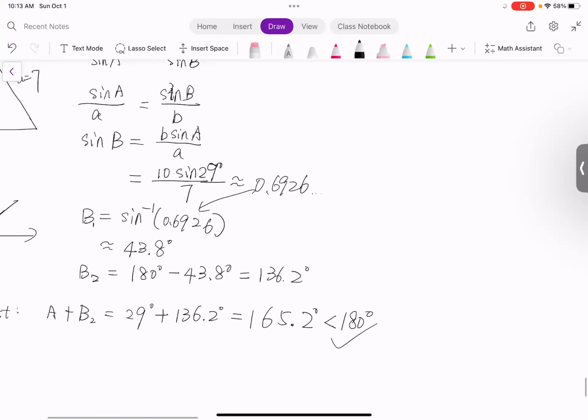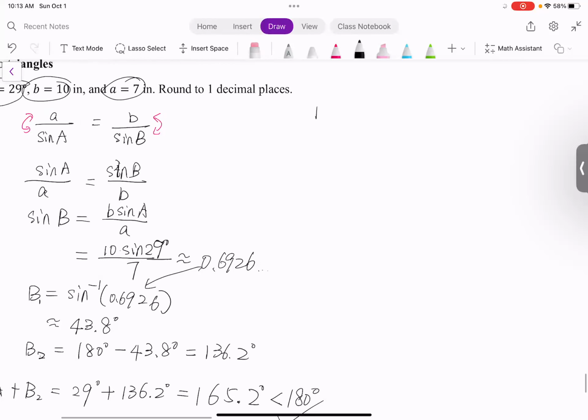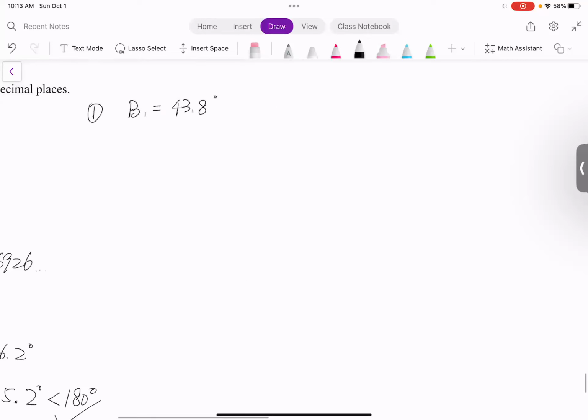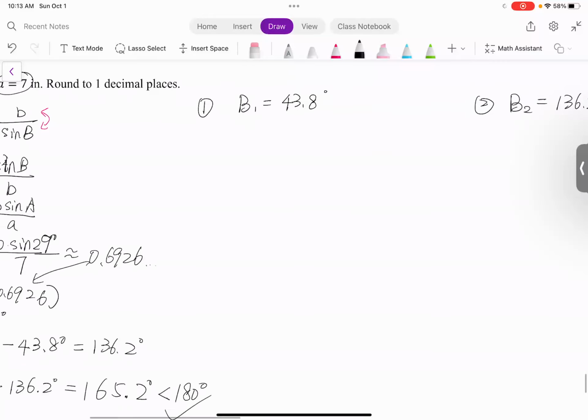So for the angle, the first solution, B sub 1 equals 43.8 degrees. And for the second case, B sub 2 equals 136.2 degrees. I have two solutions for the triangle.